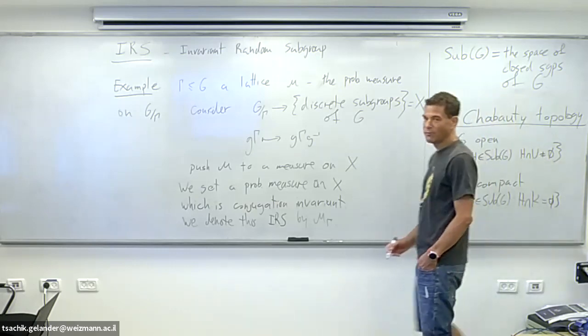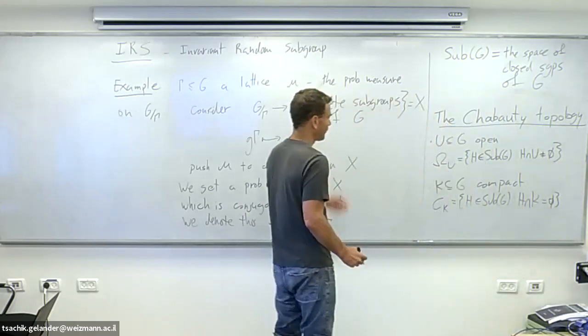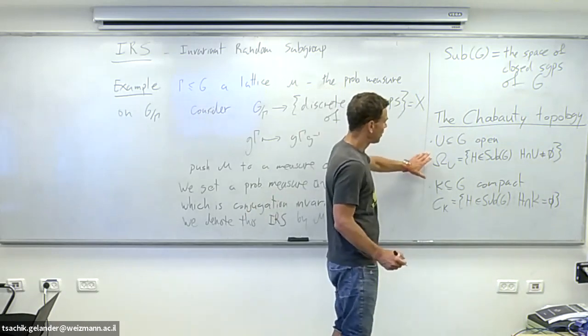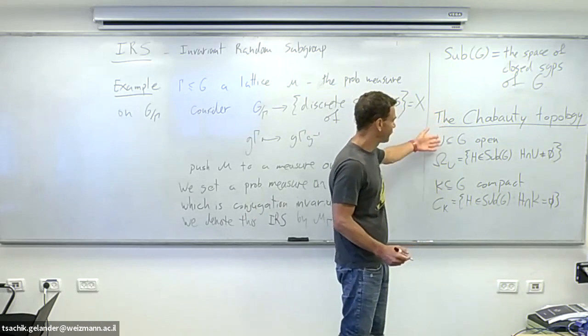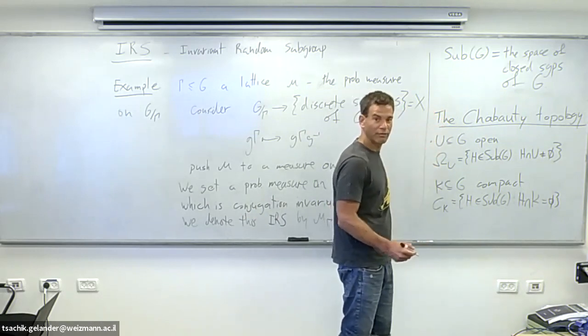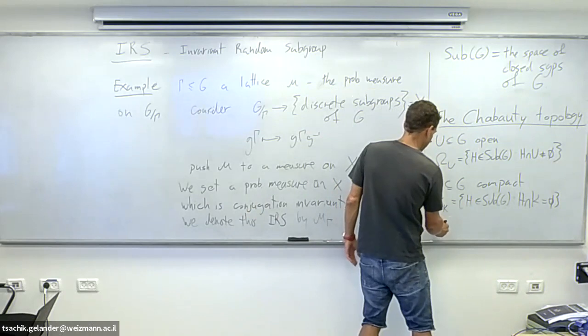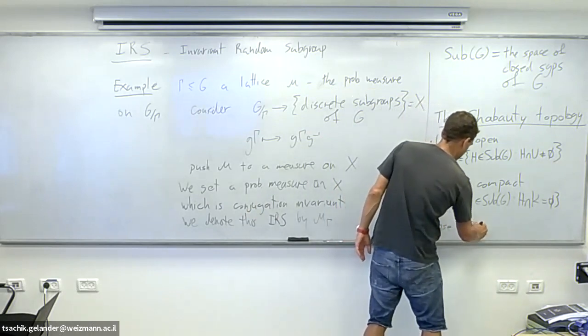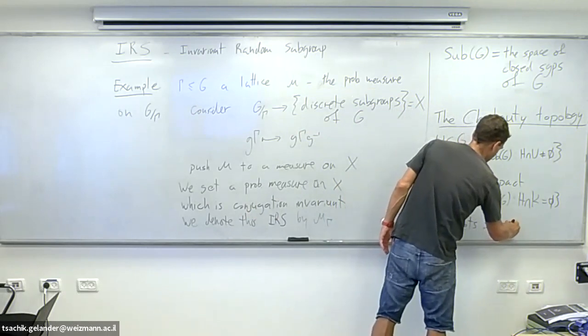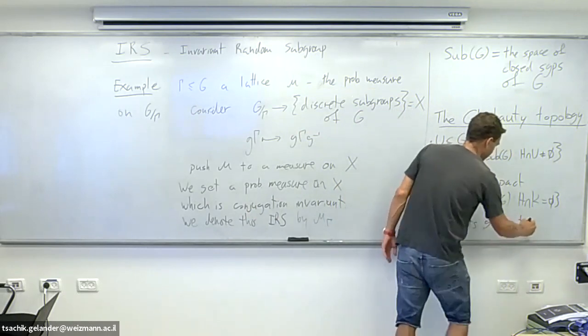So these are two types of sets, and I determine them to be open, and the Chabauty topology is the topology generated by all such sets.